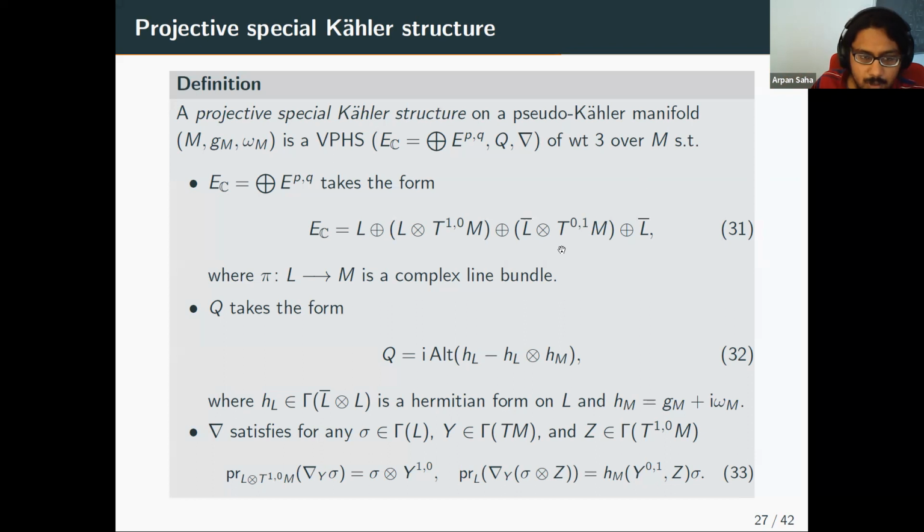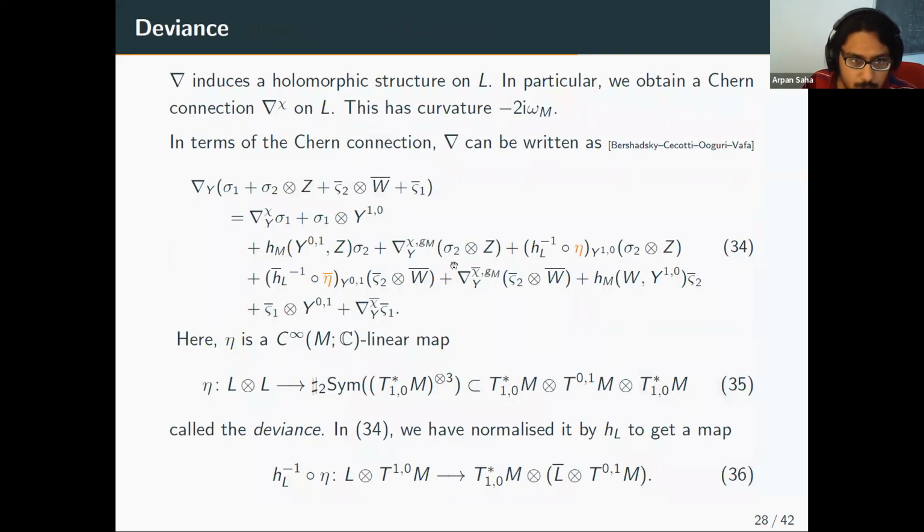Okay, and right. So given that, I can actually write an explicit expression for the flat connection that I just mentioned. Firstly, I didn't show you the definition of a variation of Hodge structure, but it turns out that if you make use of that definition, then nabla will induce a holomorphic structure on L, and you have a Hermitian form HL.